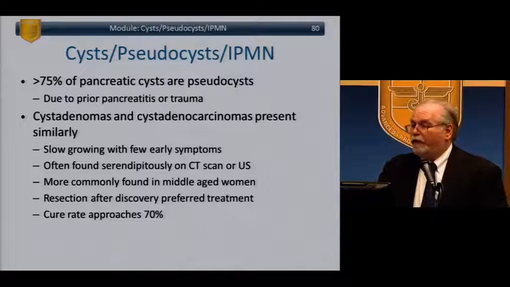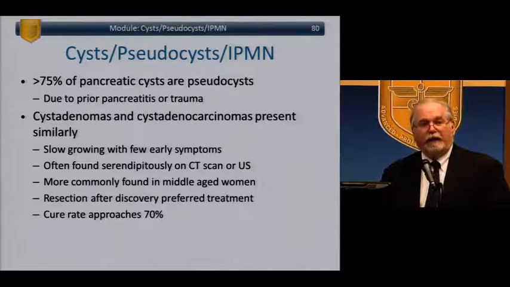They're slow growing with few early symptoms, often found serendipitously on CAT scan or ultrasound, mostly in middle-aged women. Resection after discovery is usually recommended, and for cystadenocarcinomas, cure rates approach 70%. So it's a much different animal than solid pancreatic tumors, and the cure rate and the survivability is much higher.